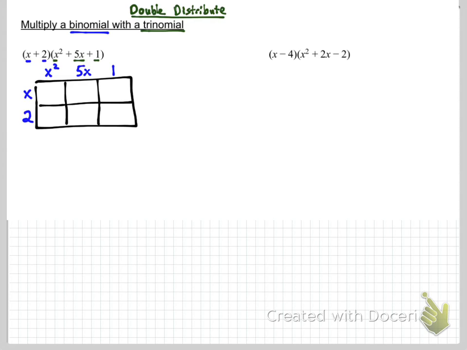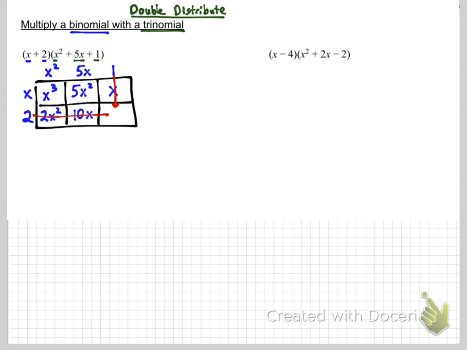All right, let's multiply each of these. So we do x squared times x. X squared times x is x to the third. 5x times x is 5x squared. And 1 times x is going to be 1x, or just x. 2 times x squared is going to be 2x squared. 5x times 2 is going to be 10x.